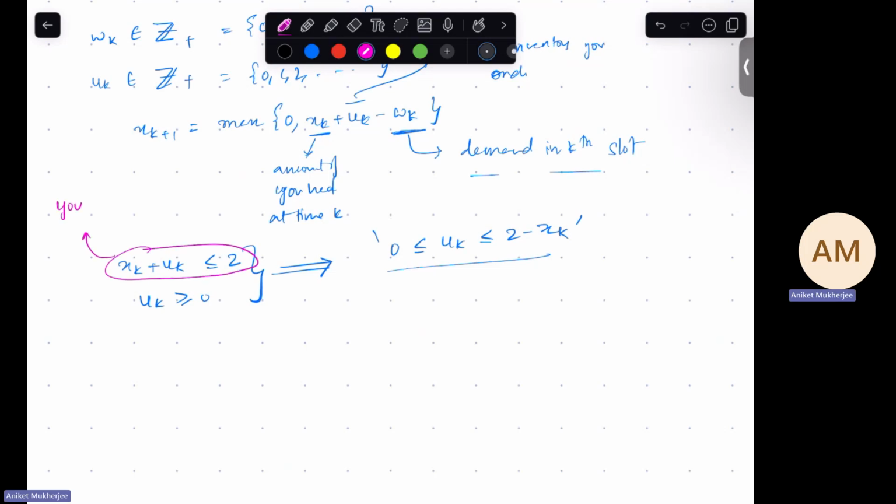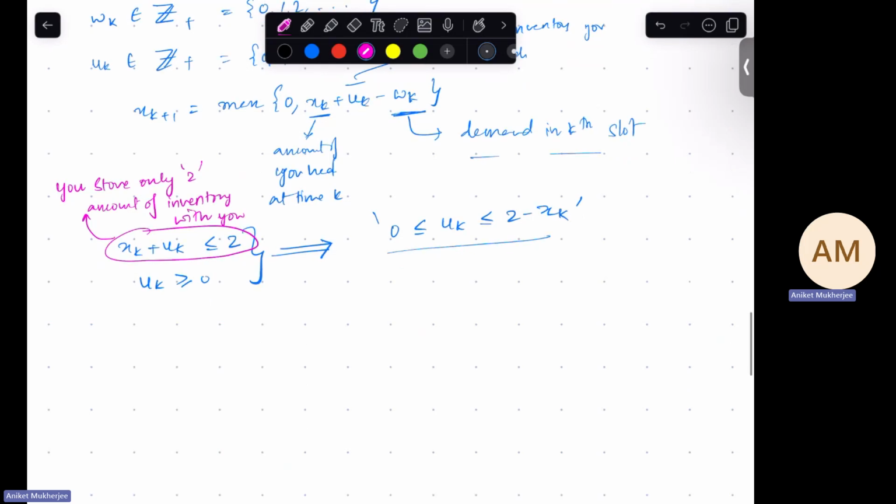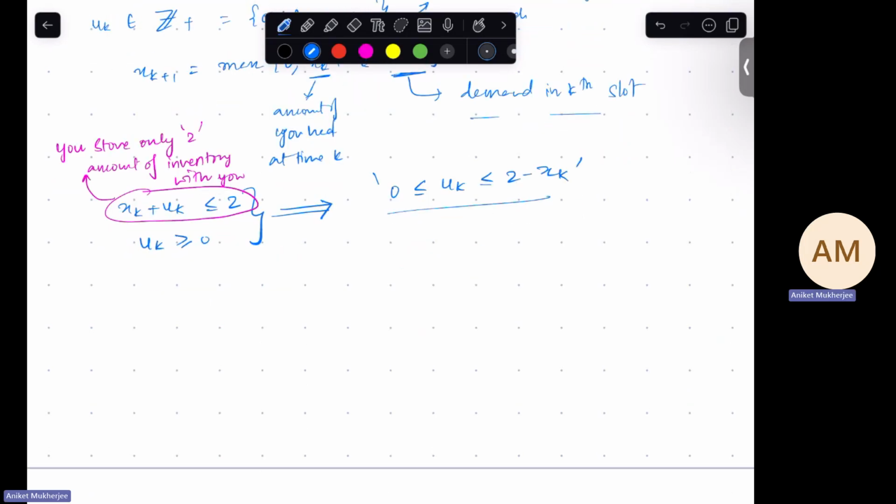You can store only two amount of inventory with you. You can't store more than that. So if you have one amount of inventory, you can either order nothing or you can order one. You can't order more than one because you don't have that much storage space, right?